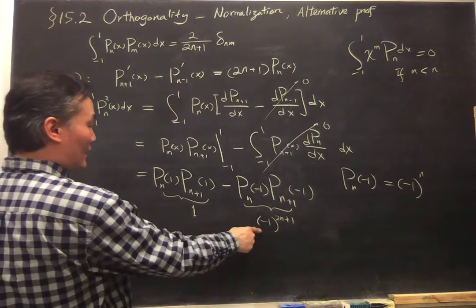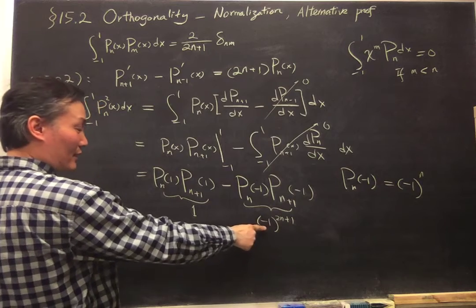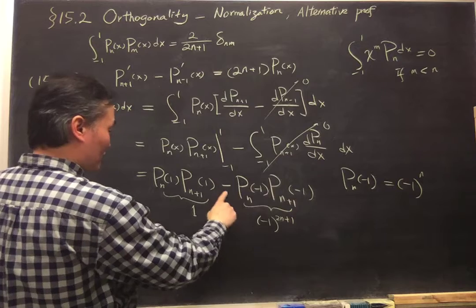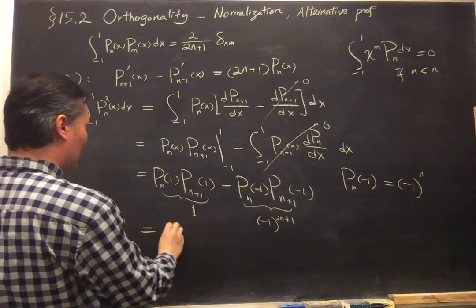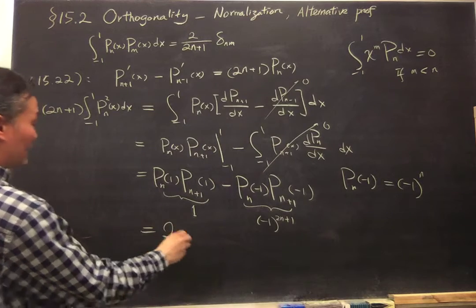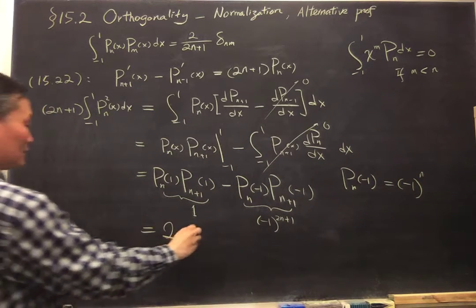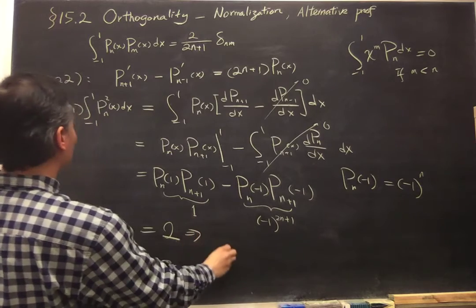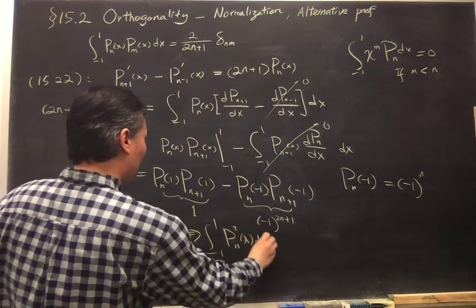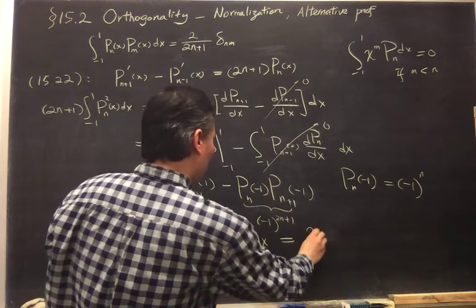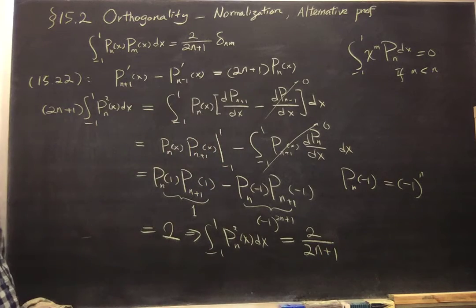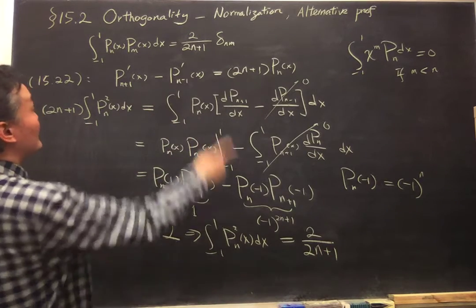This is odd, so you get a negative sign, which cancels with the minus sign, so you are subtracting -1, and altogether this is 2. This implies the integral of Pn squared dx equals 2 divided by 2n plus 1. So this is exactly that result.